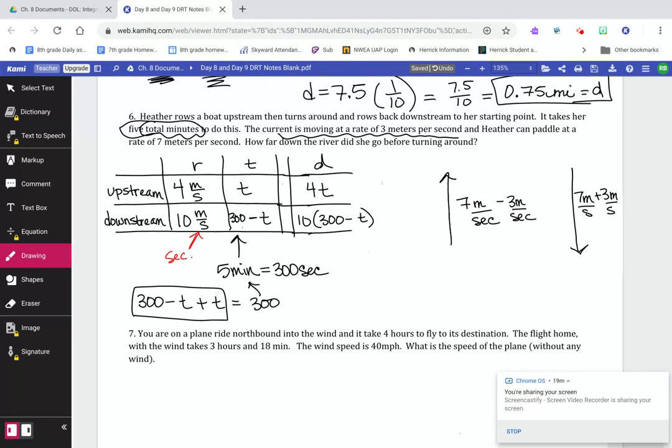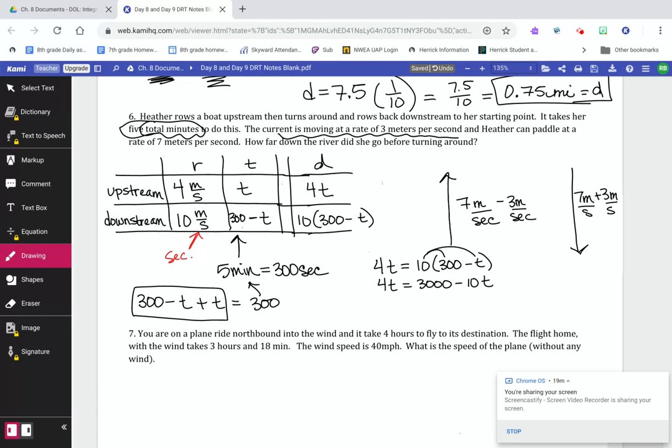Okay, now she travels the same distance upstream as she does downstream. So if they're the same distance, we can make the distances equal to each other. So 4t equals 10 times 300 minus t. So we have 4t equals, and then we distribute, we have 3,000 minus 10t.